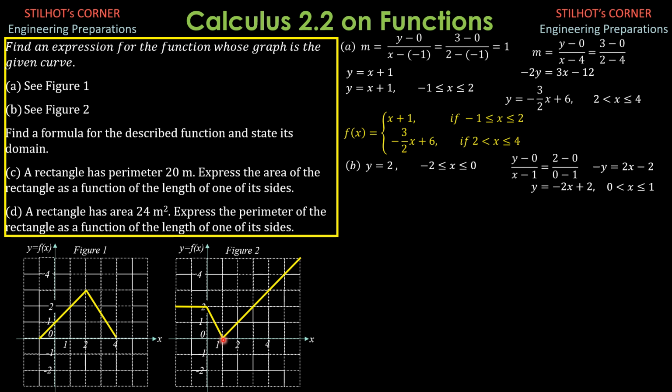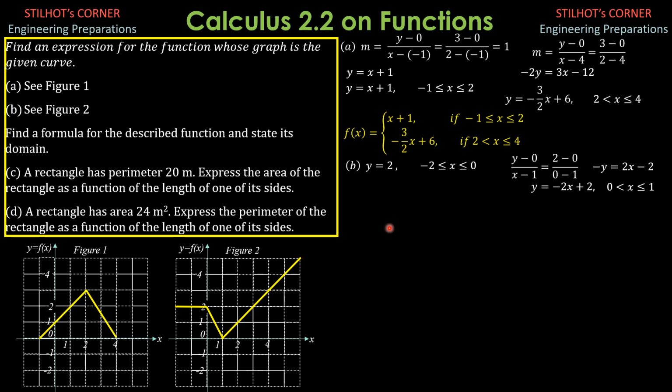So the coordinates here would be 1 comma 0, and the coordinates of this point would be x is 6, y is 5.